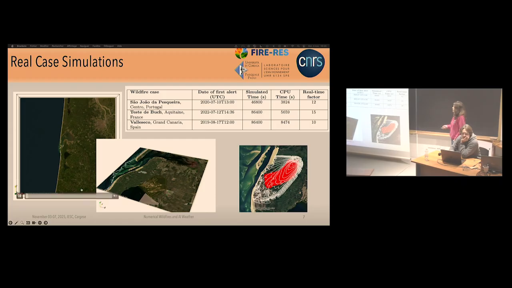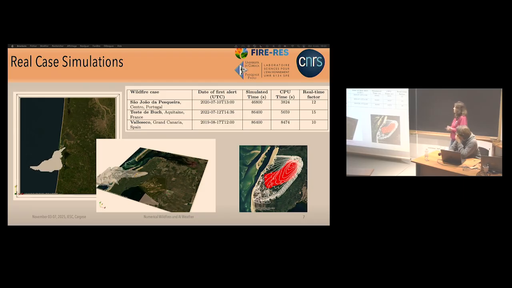Then, in the context of the INR project FireCast, we exchanged with many living labs in Europe, and we asked them to provide us with some wildfire burning area maps or details about real wildfire cases that were familiar to them, because we needed to exchange with these living labs, showing them our type of simulations.